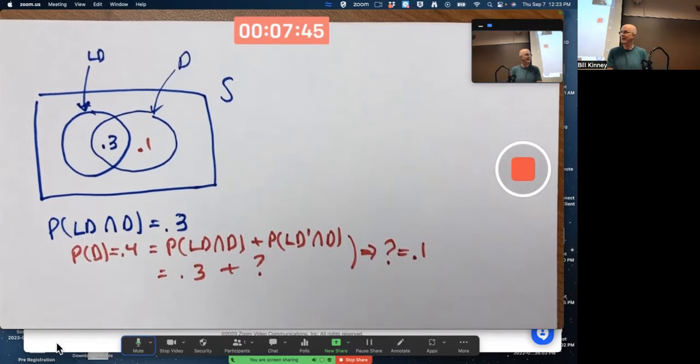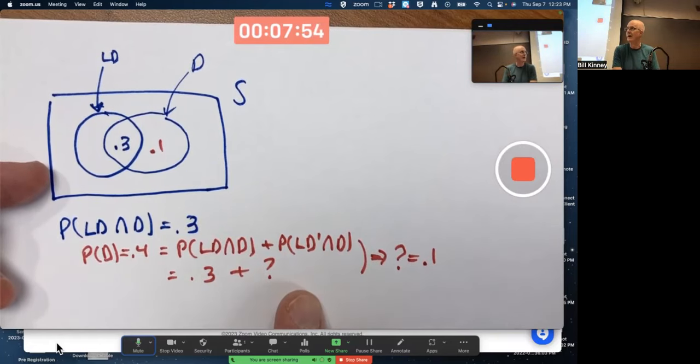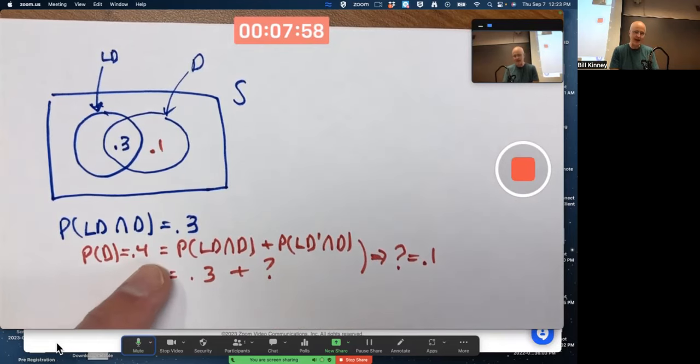That's a formal symbolic way of doing what was much easier to think about with the Venn diagram, right? It's much easier to make a mistake when you're writing this kind of stuff. I mean, you should practice that anyway to understand. What did I use there in writing that equation? I used axiom 3, the addition rule for mutually exclusive events.